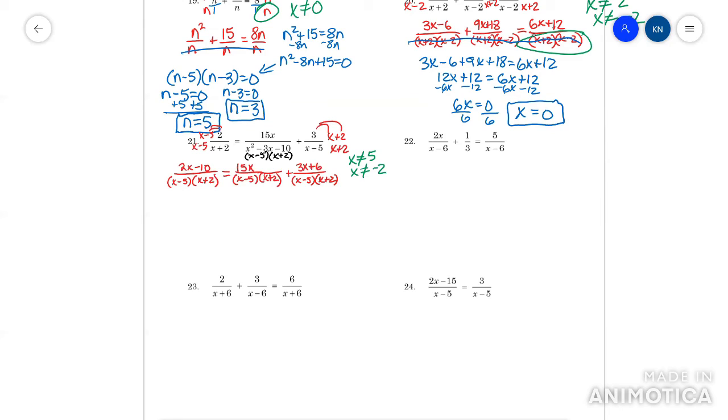Now you can basically ignore it and just go solve the top. 2x minus 10 equals 15x plus 3x plus 6. Combine like terms on the right side. Get all your x's to one side and all your numbers to the other. You're going to end up with negative 16 equals 16x, and then divide by 16. You get x equals negative 1.